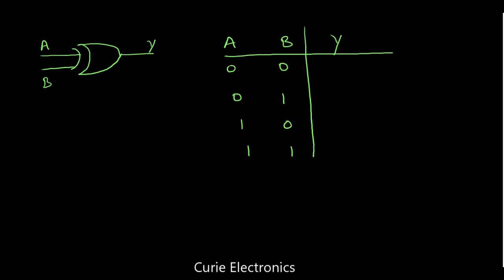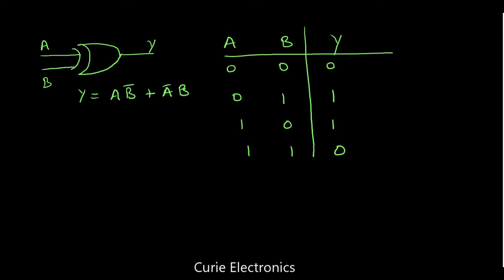For XOR gate, the output is going to be high whenever the inputs are different. That is 0 1, 1 0. And what is the equation for output? A B bar or A bar B. So this is the truth table for XOR gate, and we know whenever inputs are different, we are getting high.